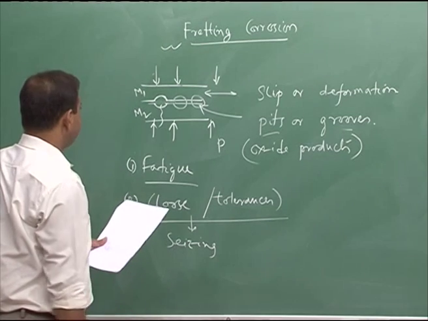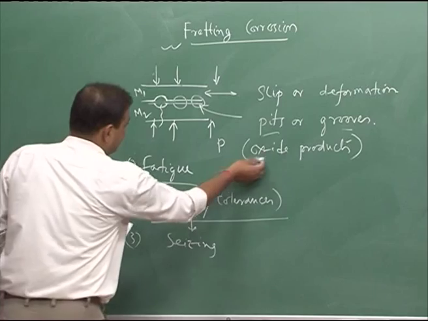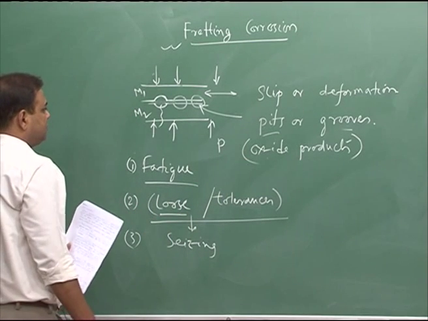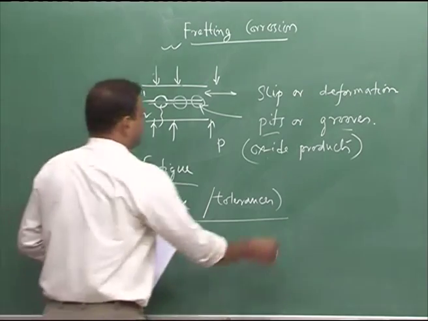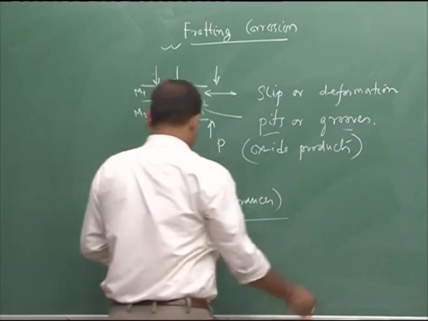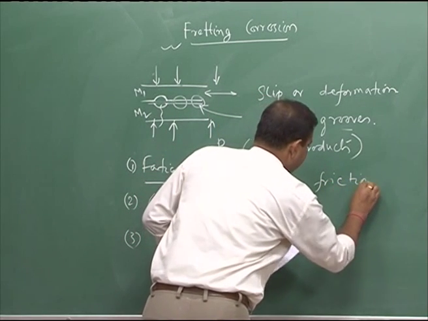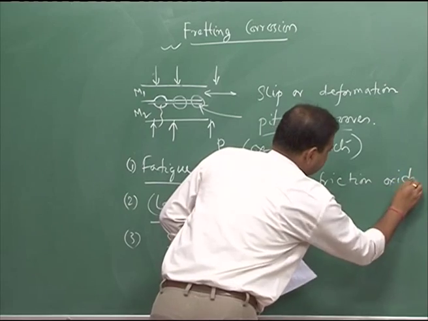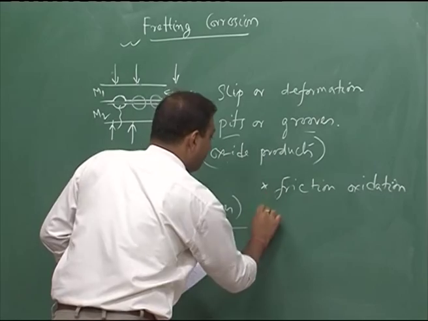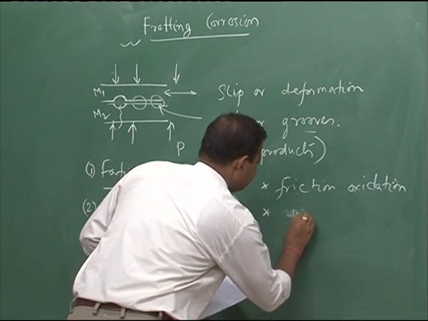Another thing is that because these oxide particles are forming, which makes it loose, fretting corrosion can also be termed friction oxidation, or wear oxidation.